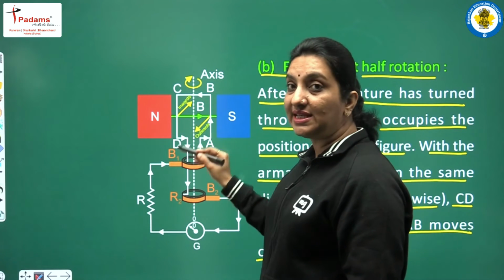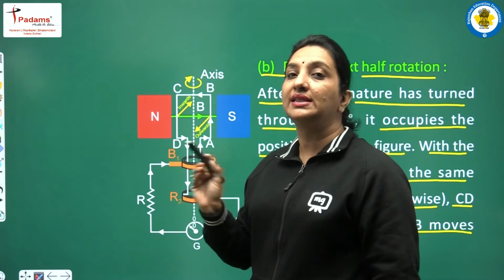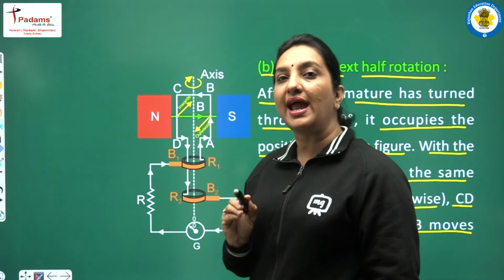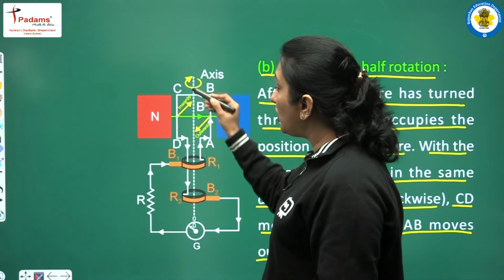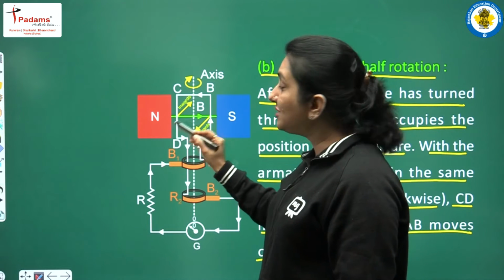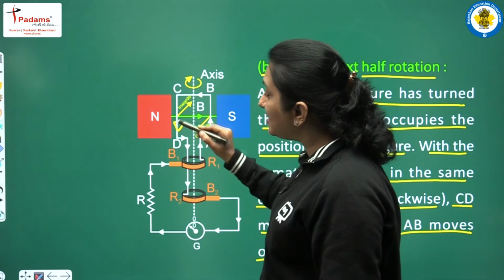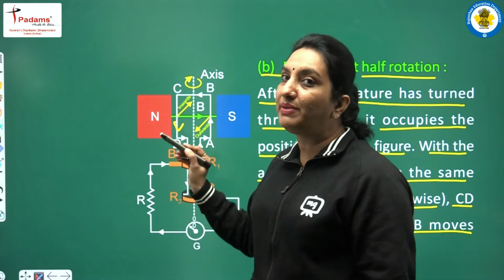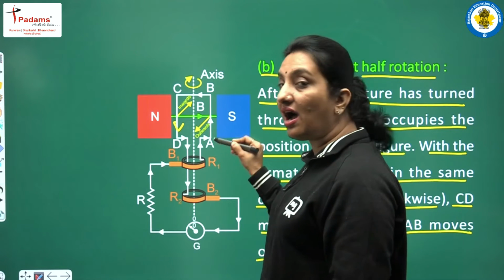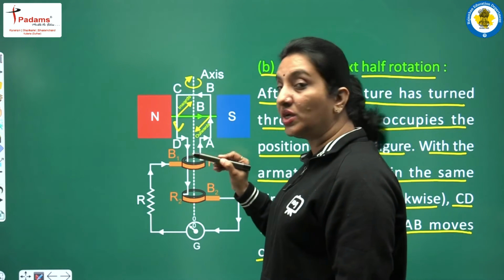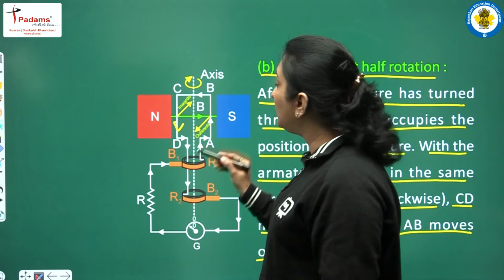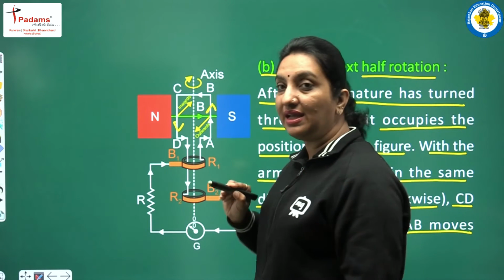Since CD is moving inwards because the armature is rotating anti-clockwise, the direction of current by Fleming's right hand rule will be downwards, and since the arm AB is moving outwards, by Fleming's right hand rule the direction of current is going to be upward.